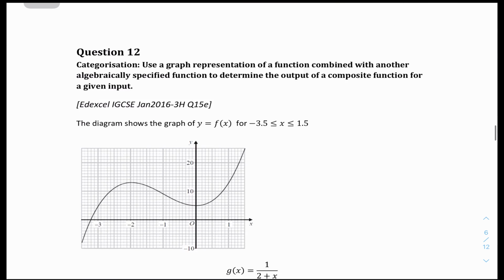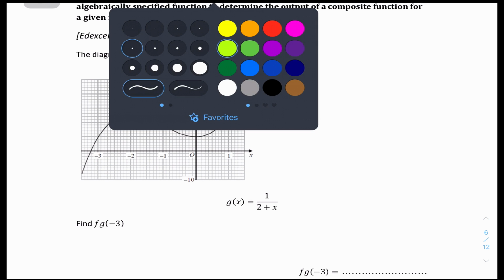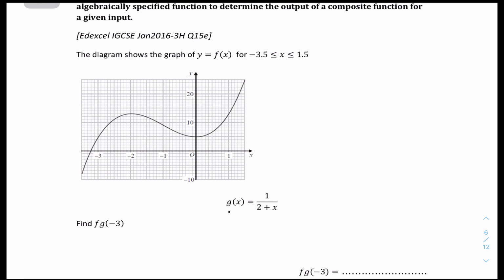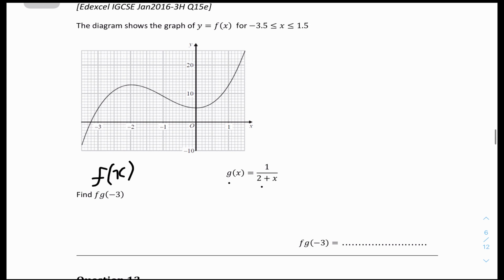Moving on, we have question 12. This diagram shows the graph of y equals f of x, and we have g of x given. Find f of g of minus 3. From the graph, this is f of x, and you can substitute g of minus 3 as the value of x. Given the g of x function, let's substitute minus 3 into x.